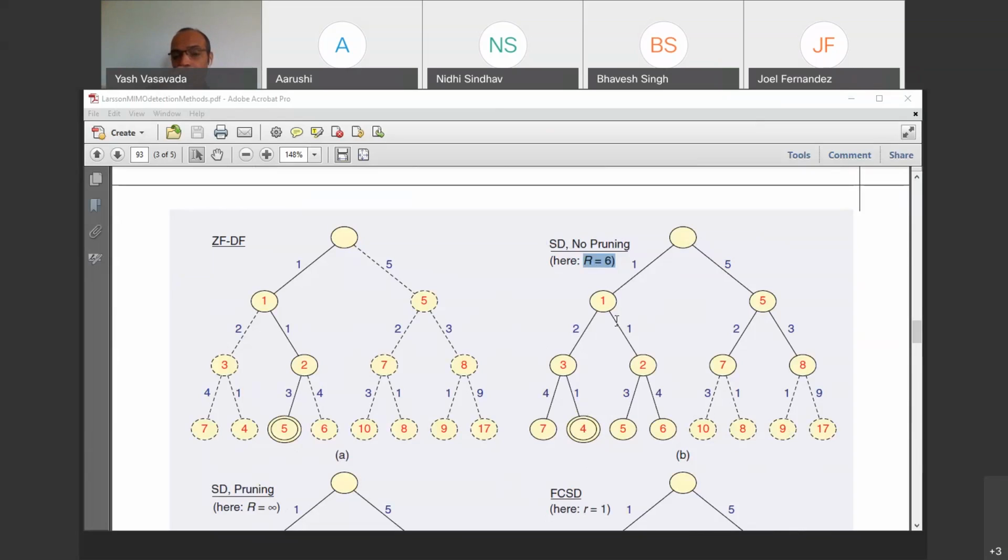Sir, it will go down both the nodes 4 and 5. Why not 6? Why will it not go down the children of 6? And why not 7?